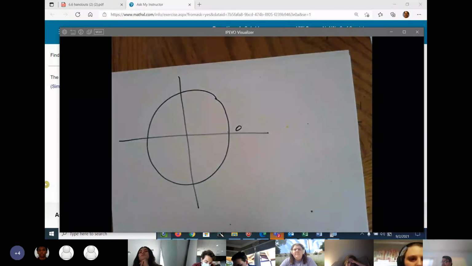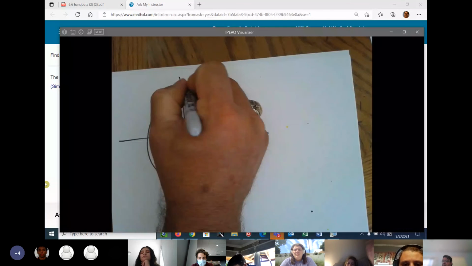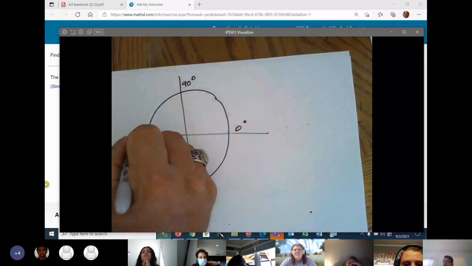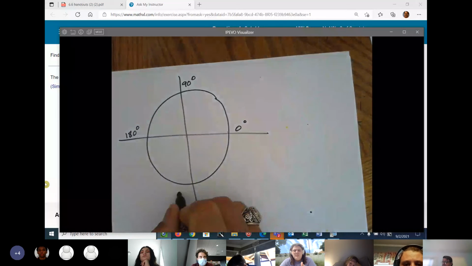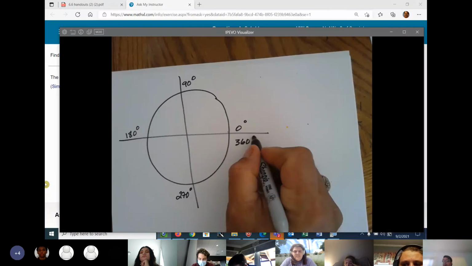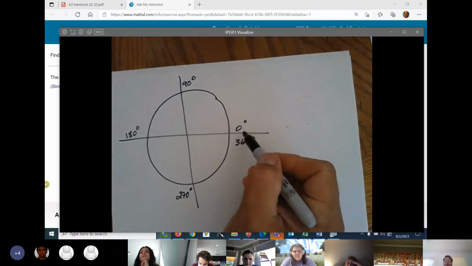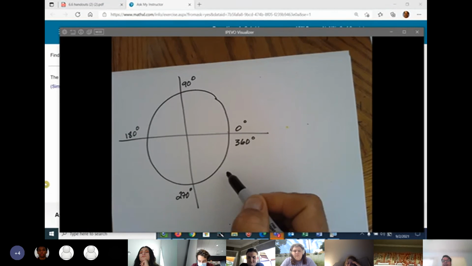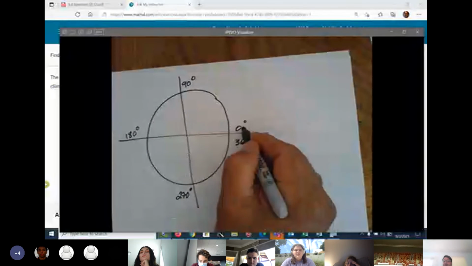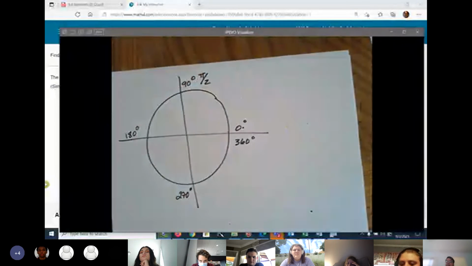This is 0 degrees. This is 90 degrees. This is 180 degrees. This is 270 degrees. And this is 360. Capiche? Okay, if you change those to radians, this is 0 radians. This is pi over 2 radians.